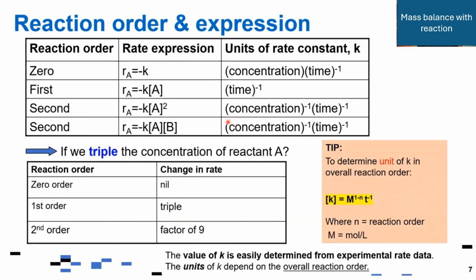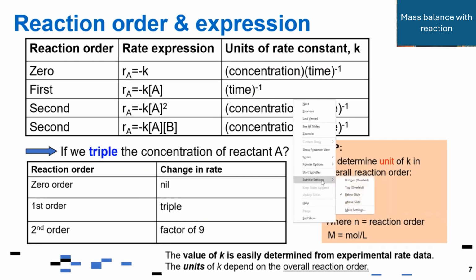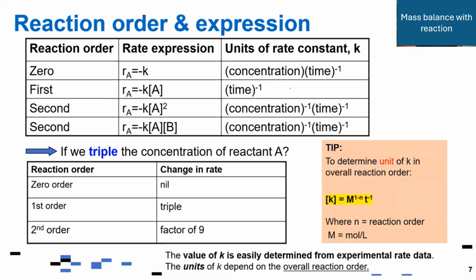Now these are the different units of the reaction order and their expression. Remember, when we talk about the reaction rate constant, depending on the reaction order, you have different units. So how do we determine what unit of k in various reaction orders? We can use this kind of formula here.